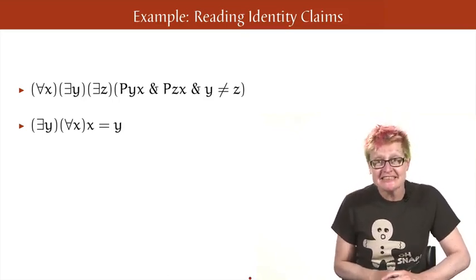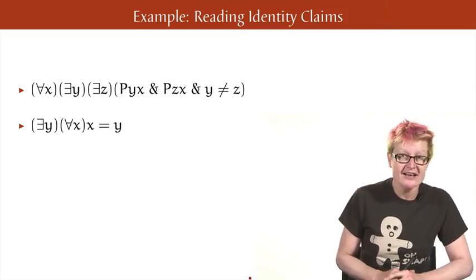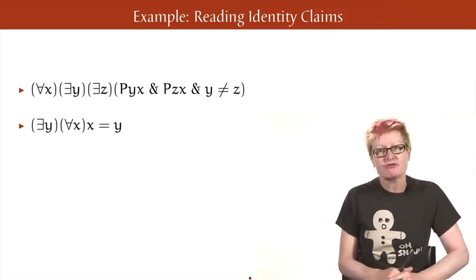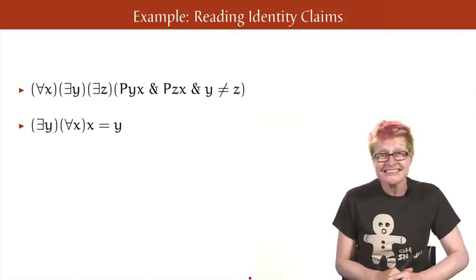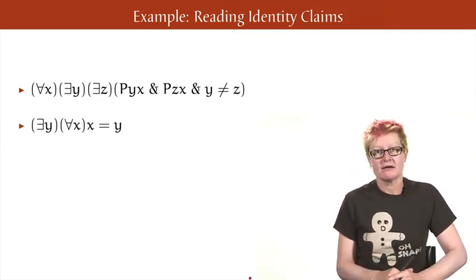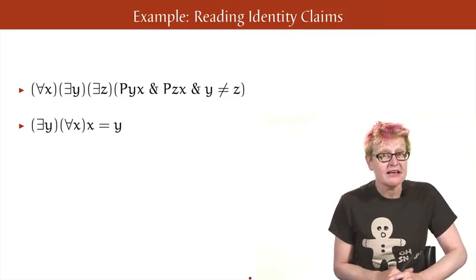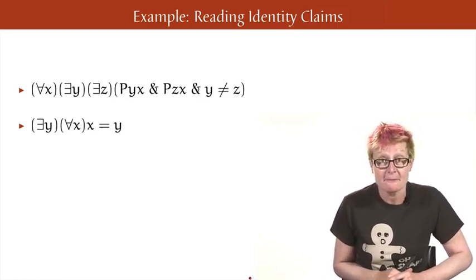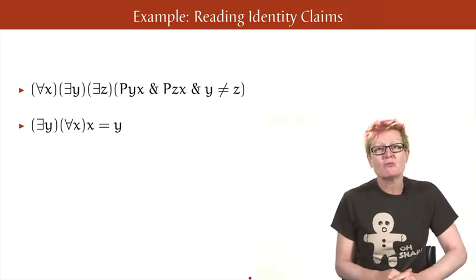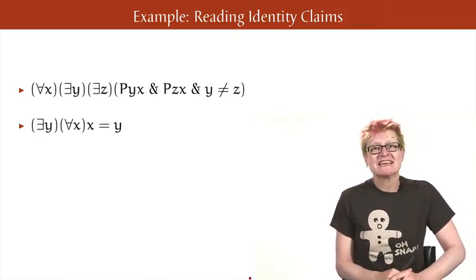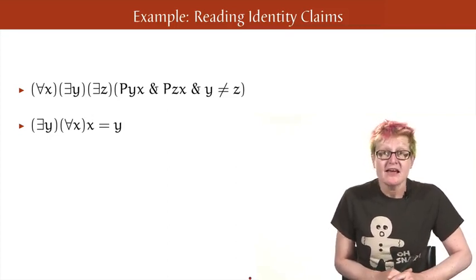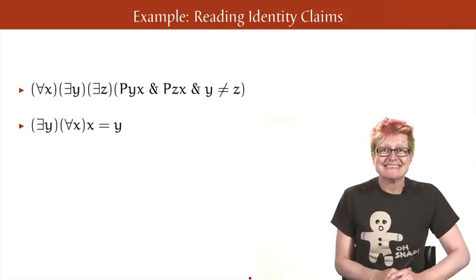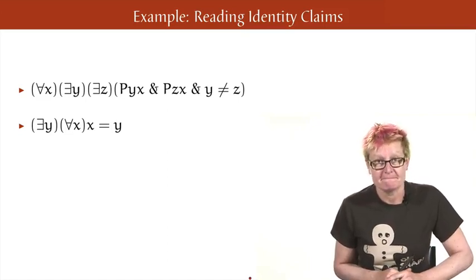It says there exists an object Y such that no matter how you choose an X from the domain of the model, X is identical to Y. The only way this can happen is if the model contains exactly one object. Remember that the domain of a model must be non-empty, so it has at least one object. If this formula is true in a model, then the model must contain exactly one object.